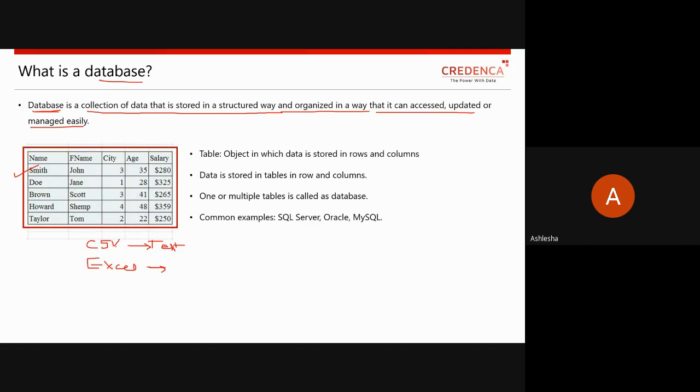CSV is nothing but comma separated values. So what does it mean? If I want to represent the same information using CSV format, it would look like this. Each value is separated by a comma, like Smith, John, 3, 35, $280.